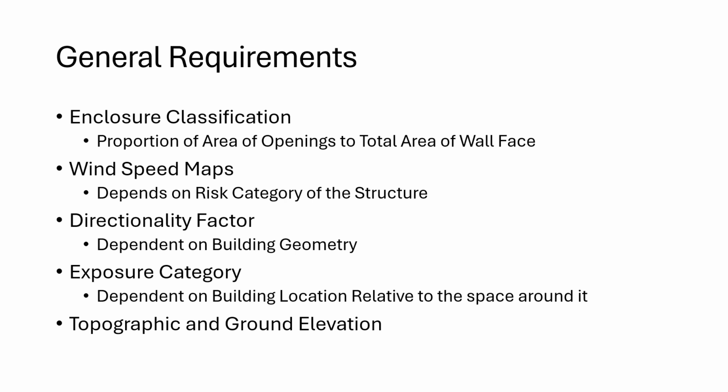So there are factors to account for that. As for ground elevation, this is from sea level. You get different wind speeds based on where you are elevation-wise, so this factor also accounts for that. And these can also be dependent on exposure category and risk category.